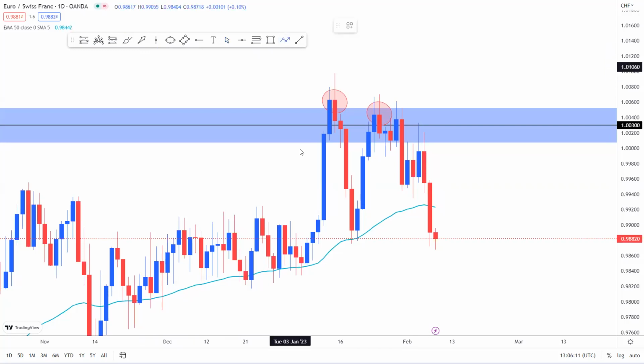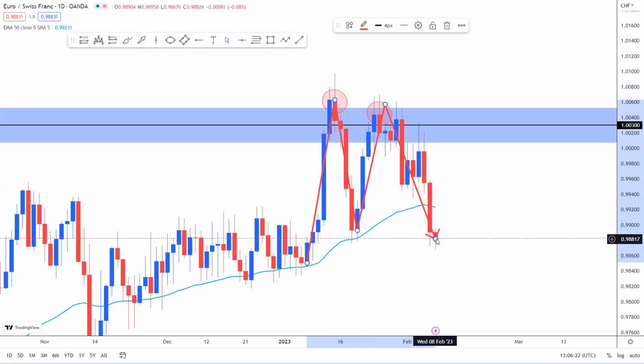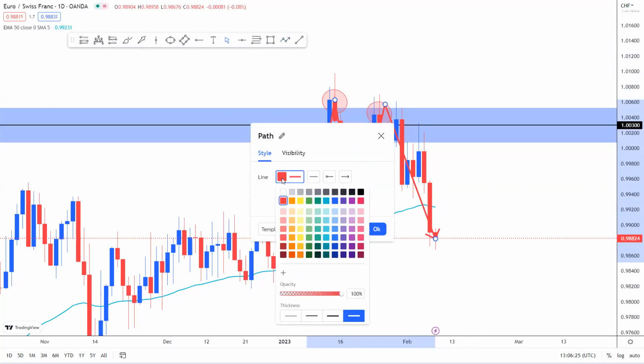And we can call the whole of this move a double top.